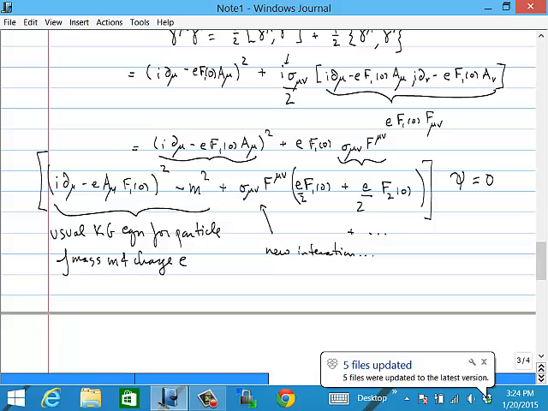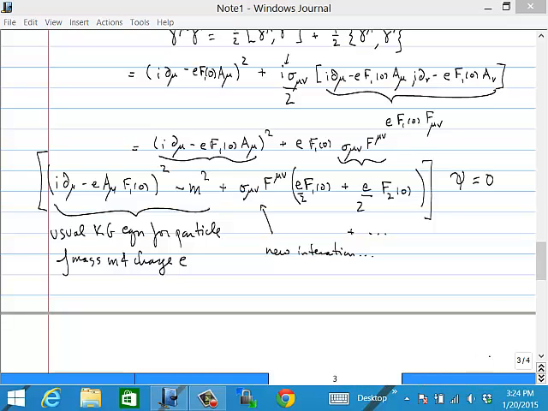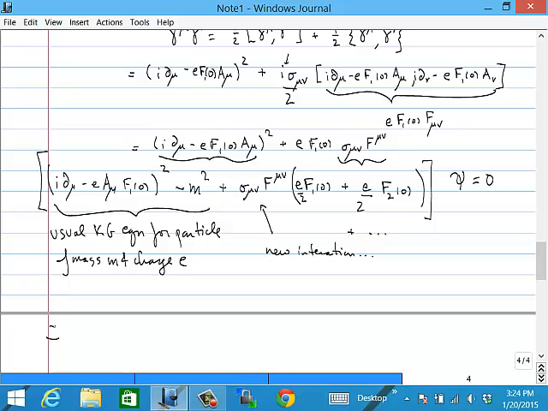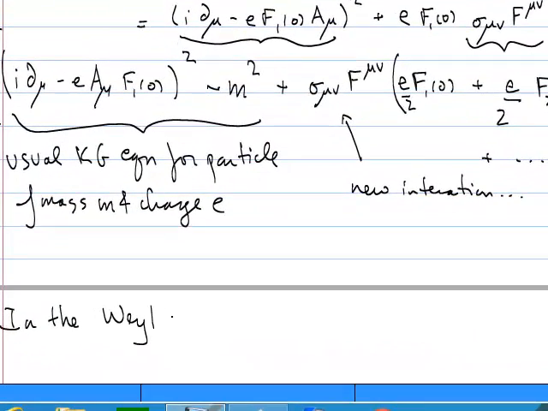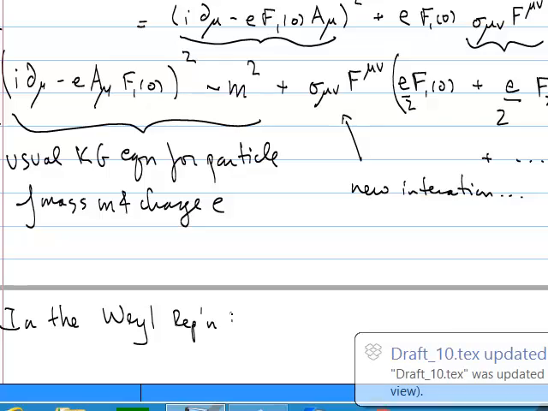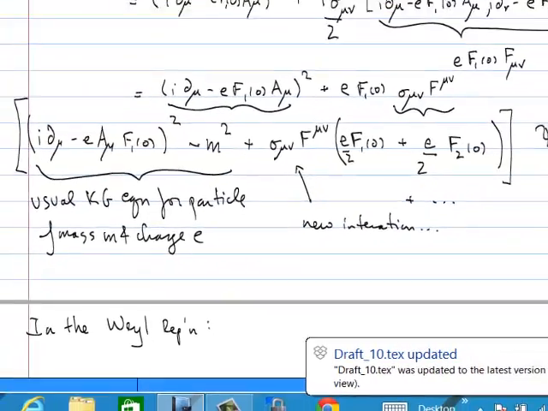So to simplify this, let's just choose a particular representation of the gamma matrices to work in. So let's use the Weyl representation. Remember, this is the one where our 4-component Dirac spinor just looks like two two-component spinors written on top of one another.